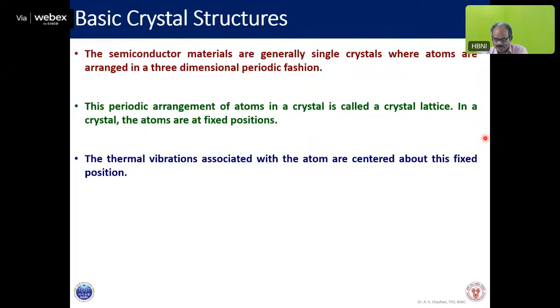Now, suppose we have a lattice, an infinite array of points, and every lattice point has an atom. If we go to absolute 0 Kelvin temperature, then all the atoms will be at rest.